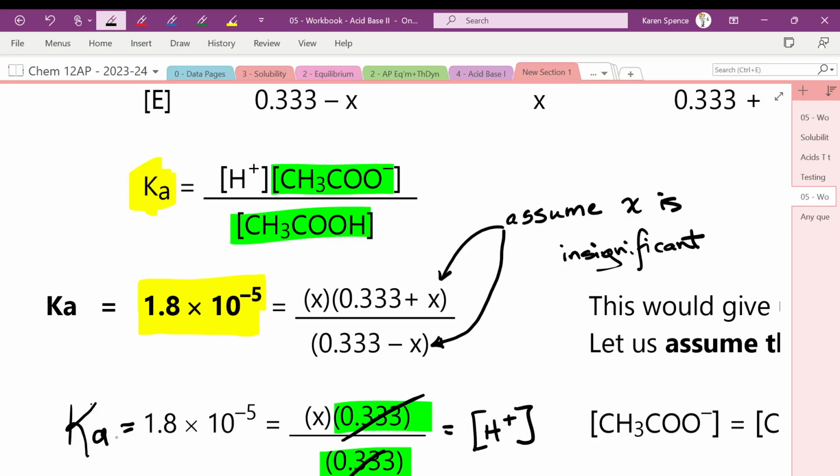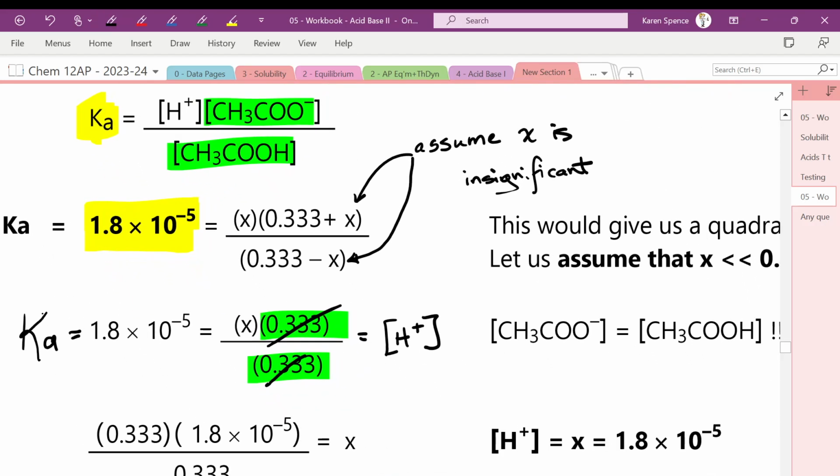If this is not making perfect sense right now, don't worry, we will also be looking at this in the context of titration curves. So hopefully by hearing it a few times, it will all click in and start to feel good, okay? But in the meantime, what we have discovered is that Ka is 1.8 times 10 to the minus 5, and H is 1.8 times 10 to the minus 5.